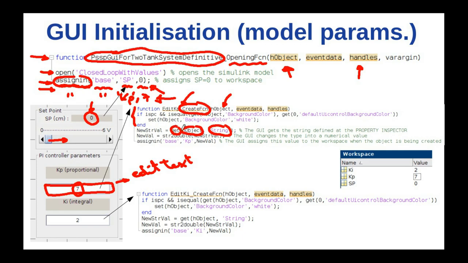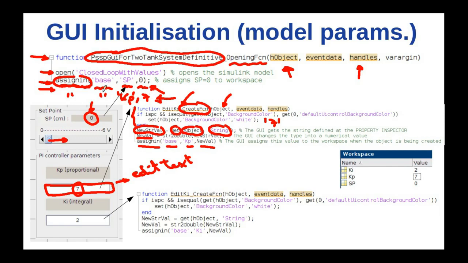So I get from this object the string value. So here I will have a 7 like this, but it's a character, it's a string, not a number. So then I must do the string to double of this value in order to get a numerical value. And then I can assign to the workspace base kp this new value.